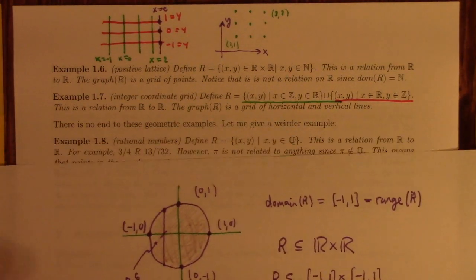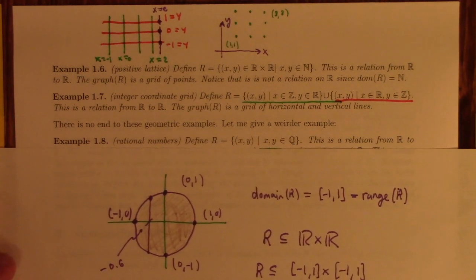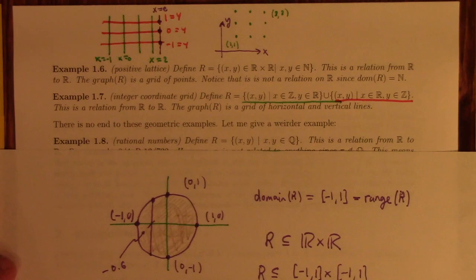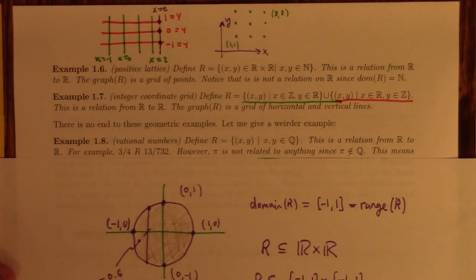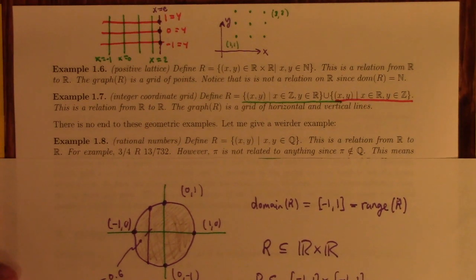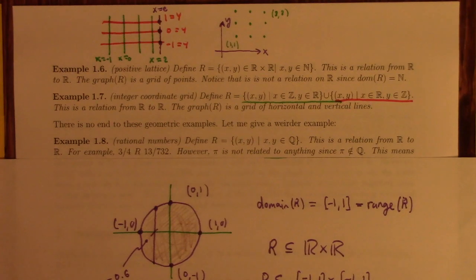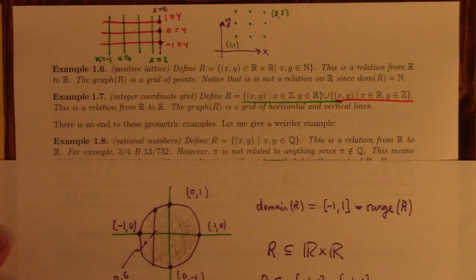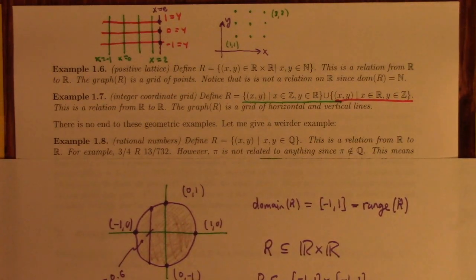So anyway, another silly example, you could say x and y are related if they're rational numbers. So this is a relation from R to R again. Like 3/4 is related to 13/7.